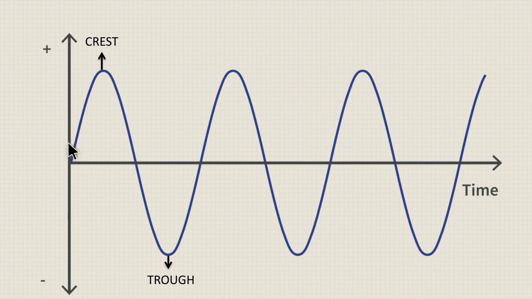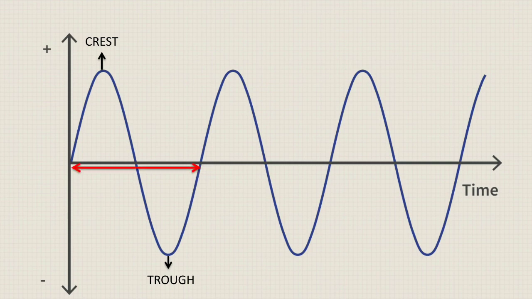As we have said, one complete wave has one crest and one trough. A complete wave starts from here, moves up, comes to the mean position, moves down and comes to its mean position. Up till here, it's one complete wave.